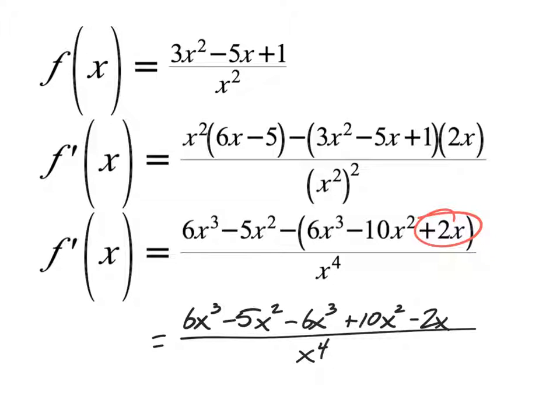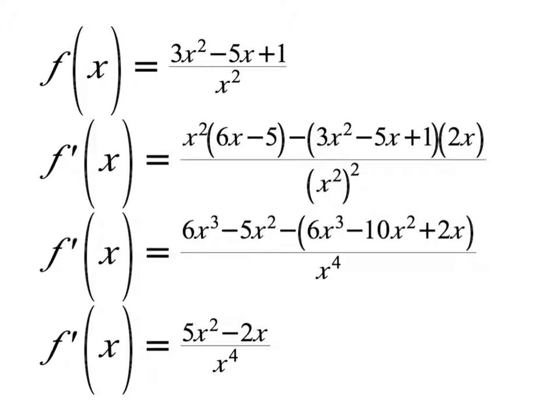Some of you are going to keep track of that stuff really well. Some of you are going to have trouble keeping track of it all. So just do whatever you have to do, even writing out an extra line, in order to track all of that little detail. If you do that correctly on the top there, the whole top should end up just being 5x squared minus 2x.